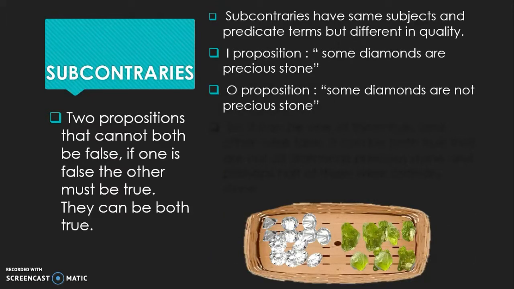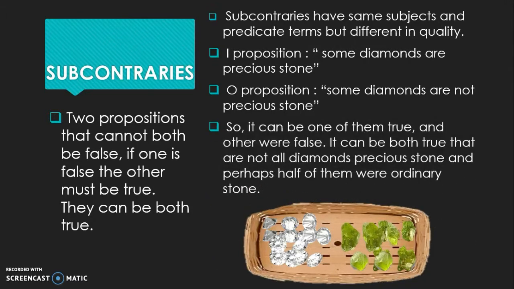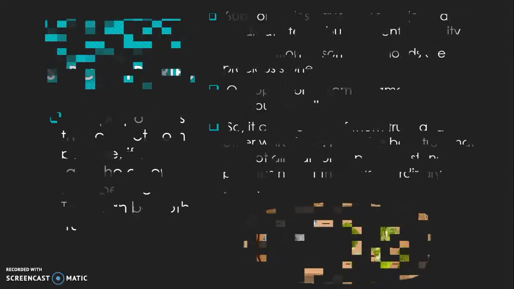The I proposition says some diamonds are precious stones. The O proposition says some diamonds are not precious stones. So one of them can be true and the other false. It can be both true, that not all diamonds are precious stones, and perhaps half of them were ordinary stone.